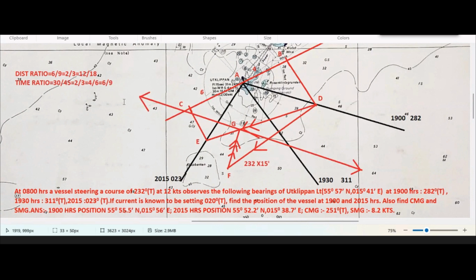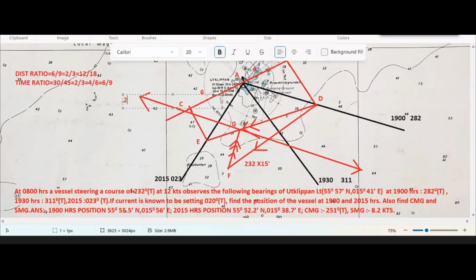Now at 2015 I get two bearings, one is 023 and the other is the red line we have just drawn.